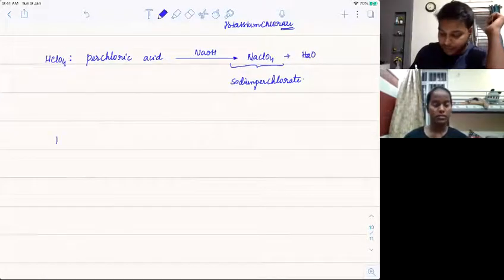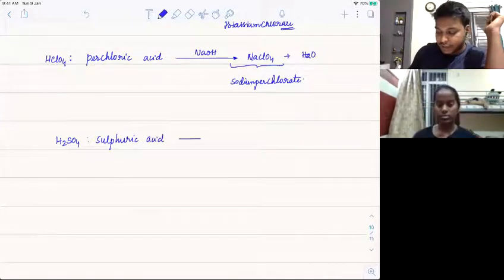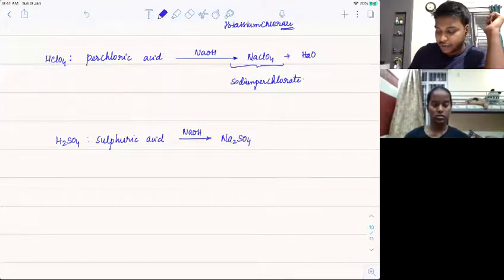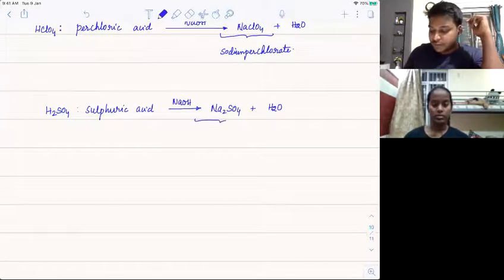So let me take one more, H2SO4 for instance. This is sulfuric acid. Sulfuric acid, if you treat that with NaOH, we will get Na2SO4 plus H2O. Okay. Then what is the name of this now?